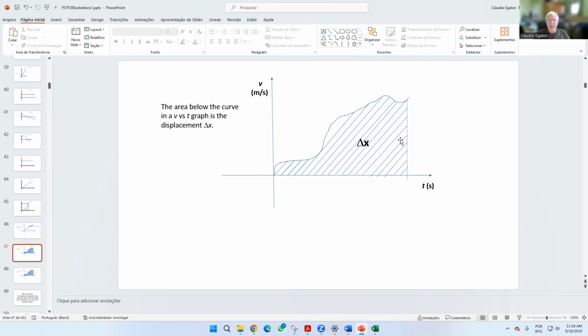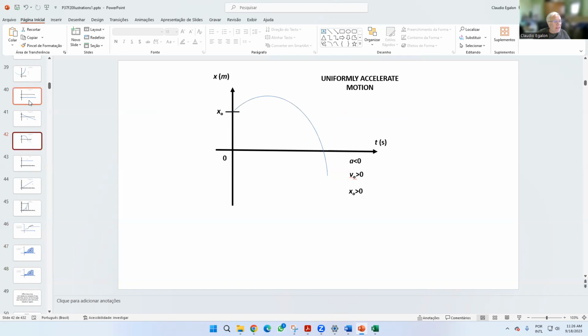What you see here has to be a generic curve. It doesn't have to be a straight line. Similarly, if you have a graph of the acceleration versus t, the area below this line is going to be delta v. Can you remember that? Simple enough, right?